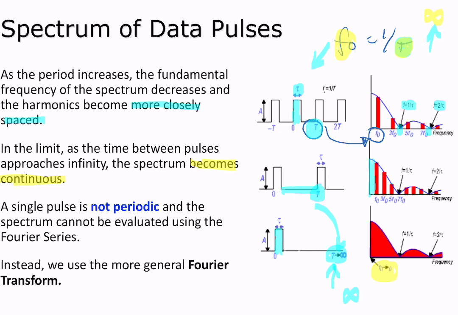So that's where we say that a non-periodic waveform like this will have a spectrum which is continuous. That's when we stop calling it the Fourier series and we start calling it the Fourier transform. So that's where today's lecture starts, really.